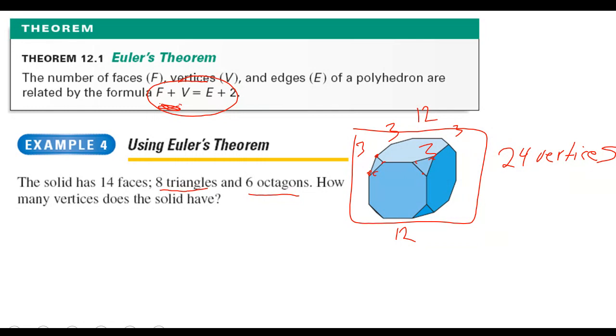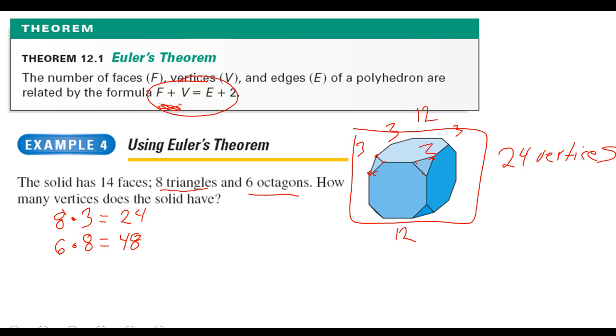If we have 8 triangles, which have 3 sides, and 6 octagons, so they have 8 sides, you have 24 plus 48.